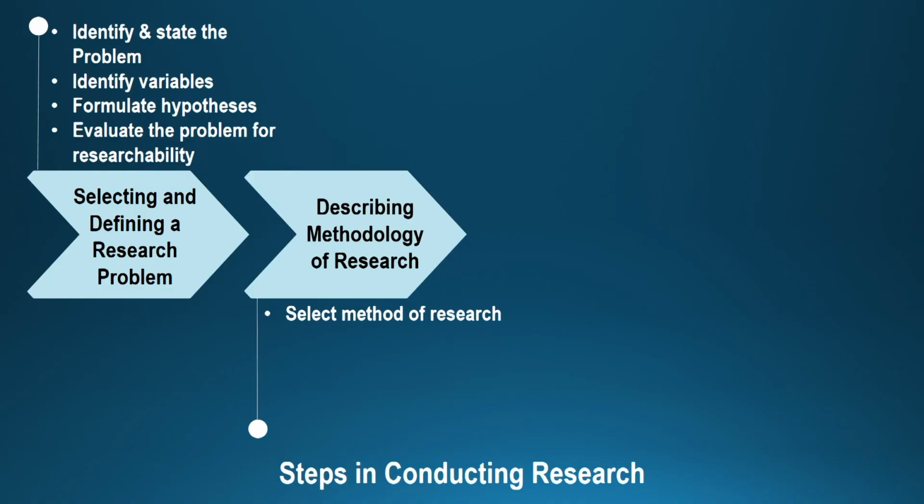Now, based upon the objectives and hypotheses formulated for the study, the researcher tries to determine whether descriptive research is going to be undertaken, if it deals with current processes and practices, or whether correlational research is going to be used, or an experimental research is going to be utilized to test the hypothesis or achieve the objectives of the study.